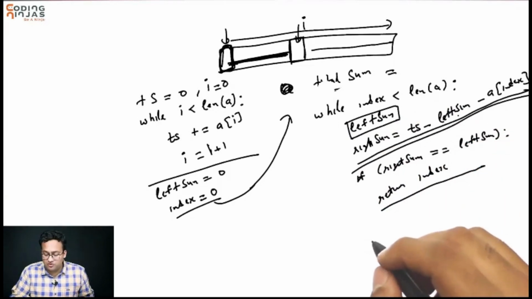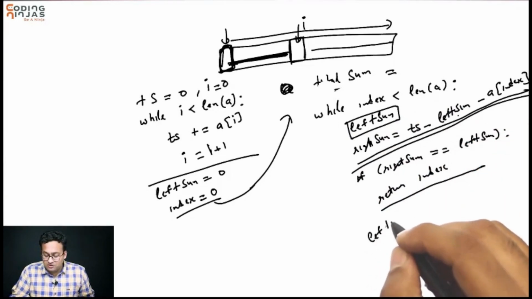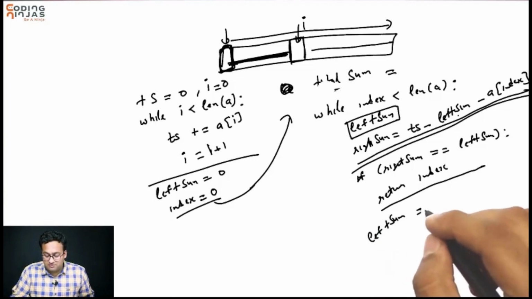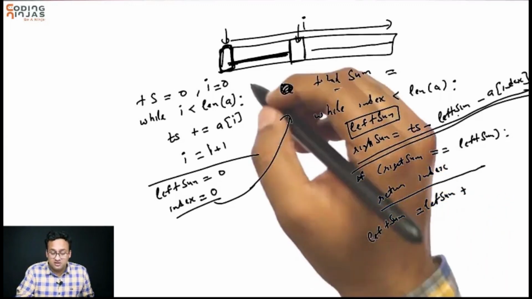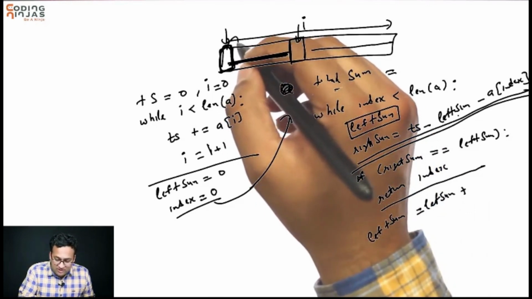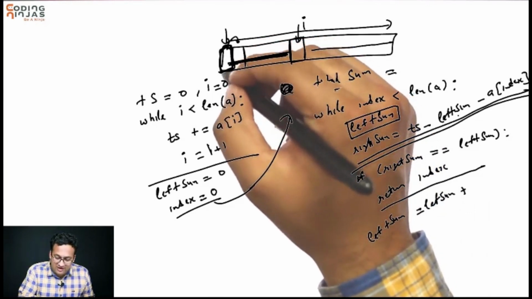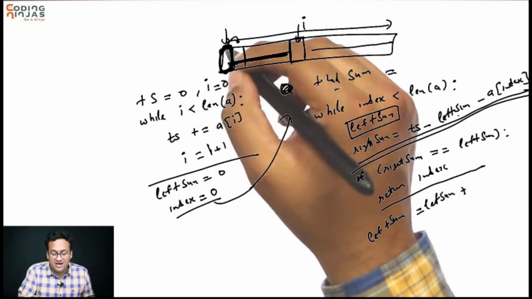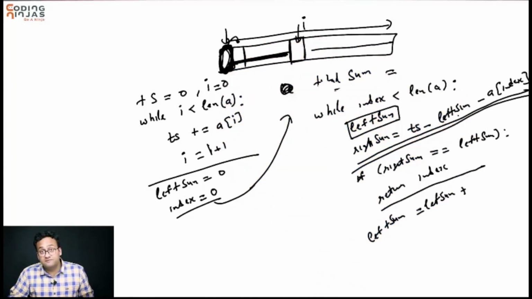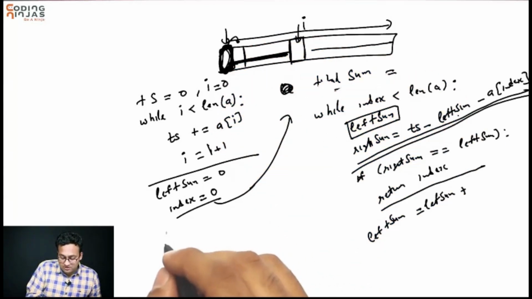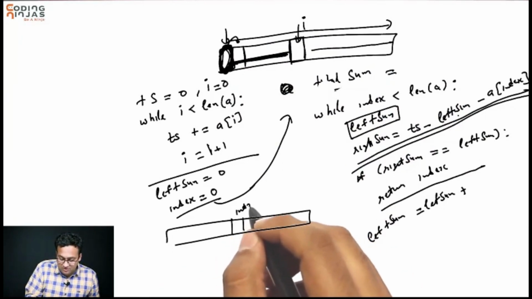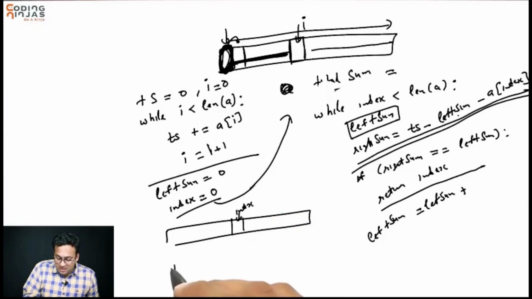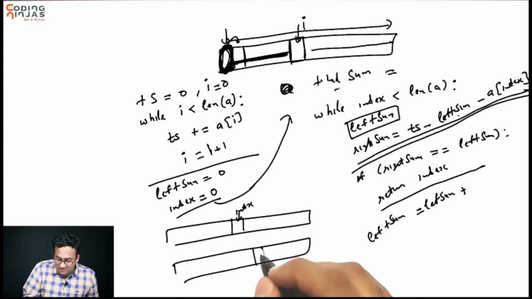For now, I'm just going to update my left sum. So how to update left sum? Whatever was the left sum, that stays as it is. When you move from index to index plus 1, your left sum needs to have this value as well. Okay, so let me repeat that. So this was my left sum, this was my index. Now I am moving to index plus 1.